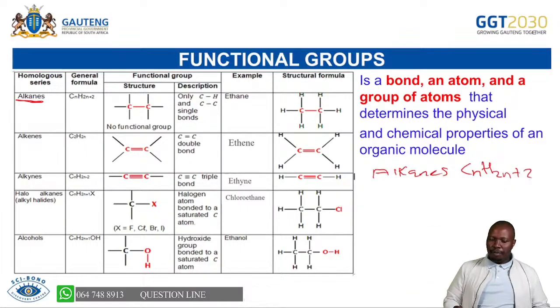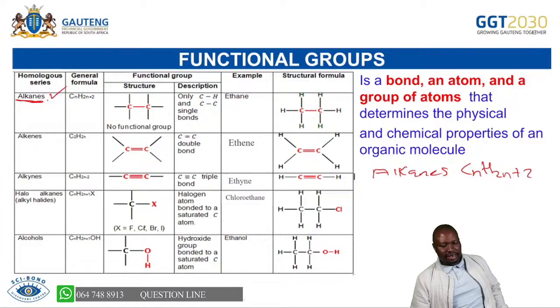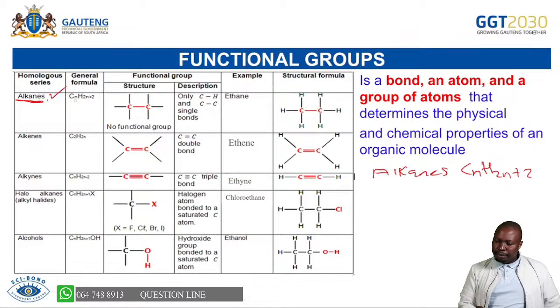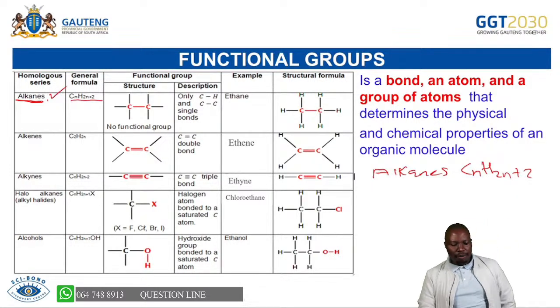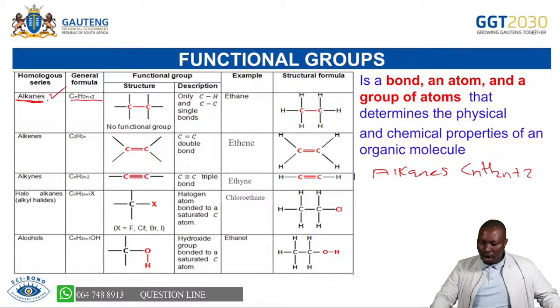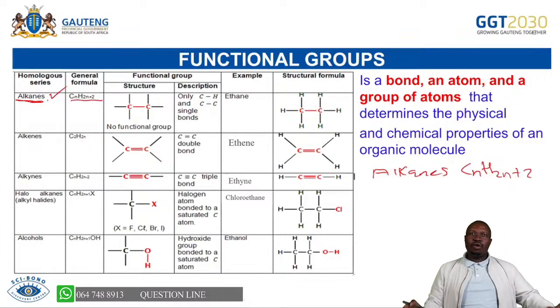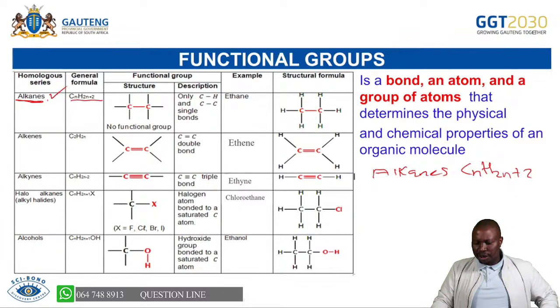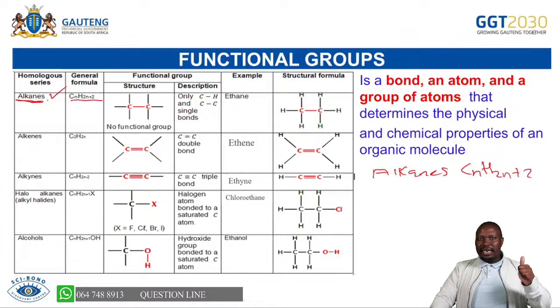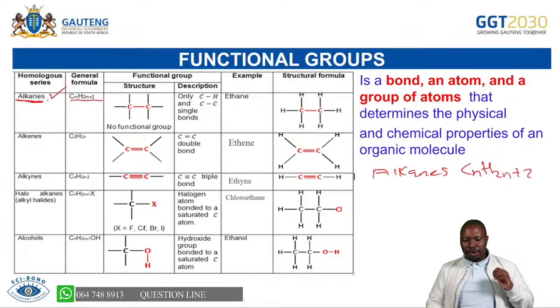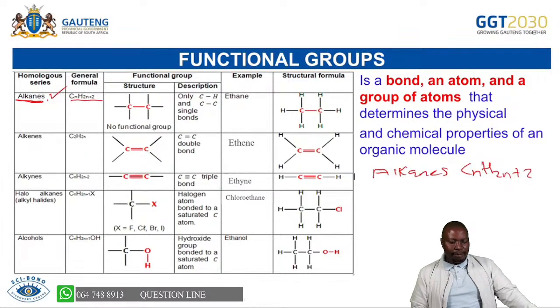That is the general formula for alkanes. I hope you have that table. You have seen it before. If not, make sure that you have a copy of this table that I'm using here, so that you know that alkanes have the same general formula, which is CnH2n+2.